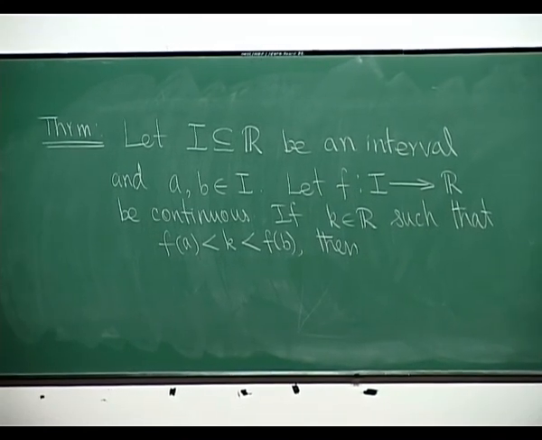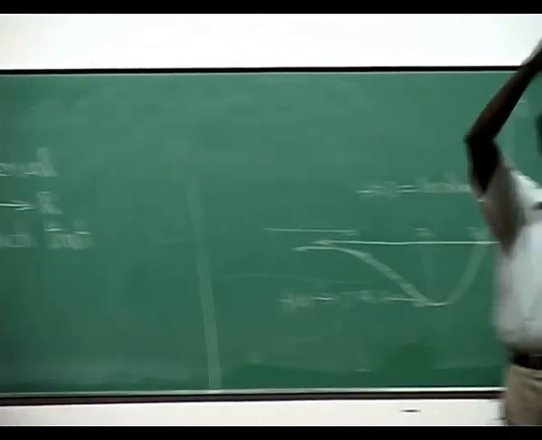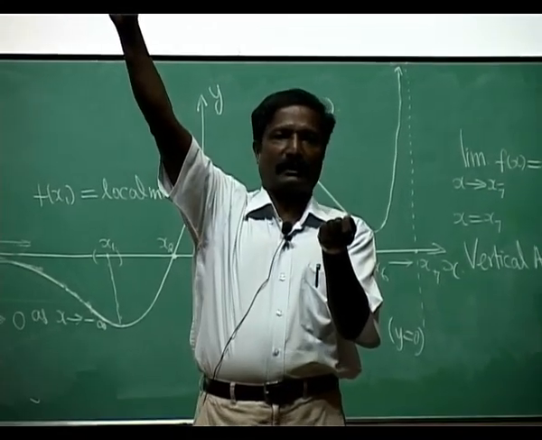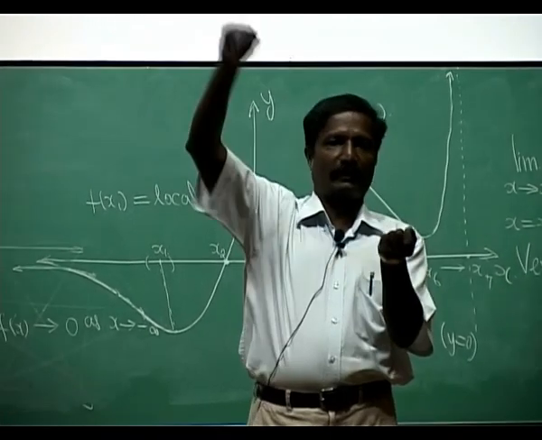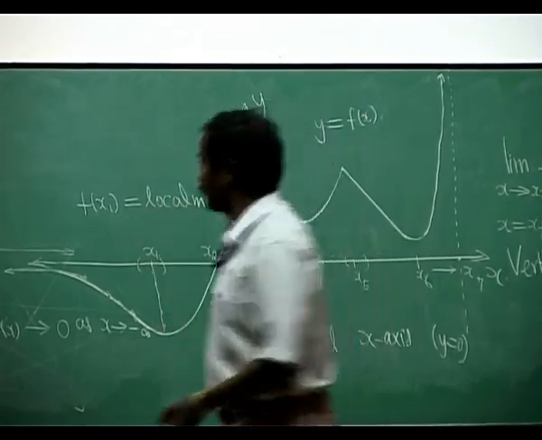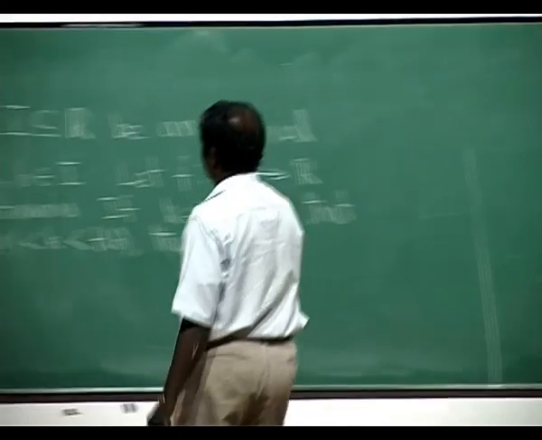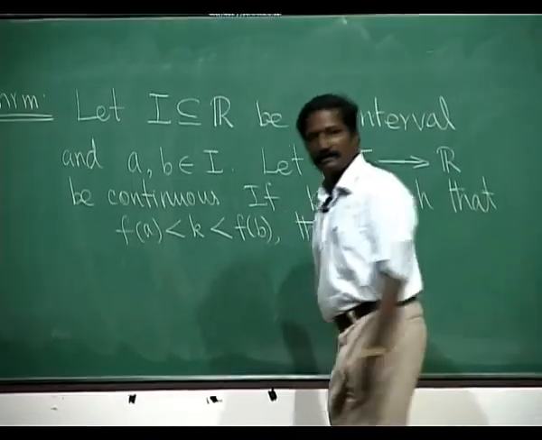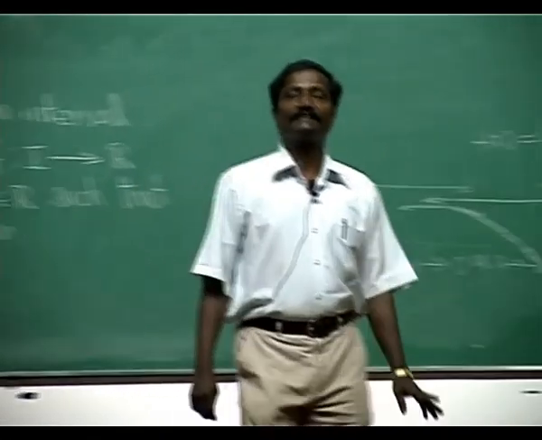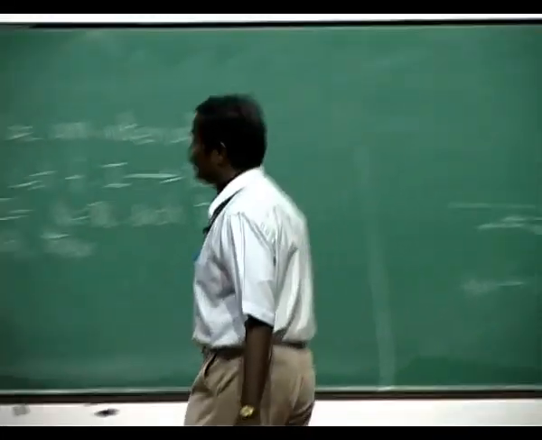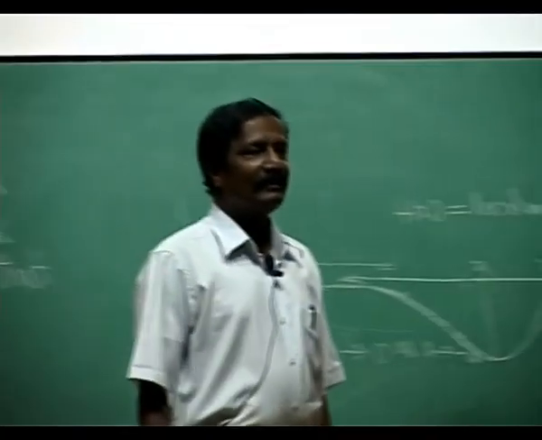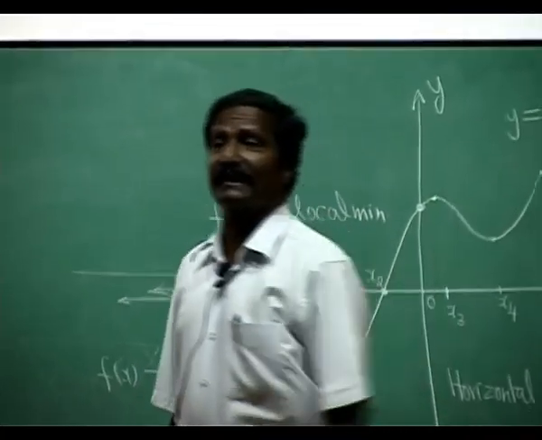So look at this, it's a continuous function, f of a is here, f of b is here. It's a continuous function on the whole thing. So what should happen? And k is a value in between. Then, anybody who remembers? Exactly.